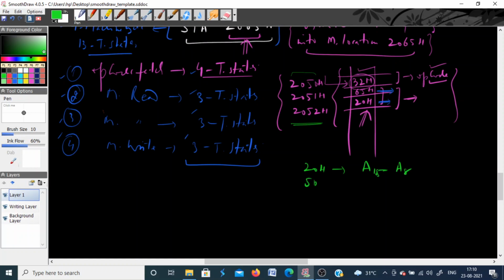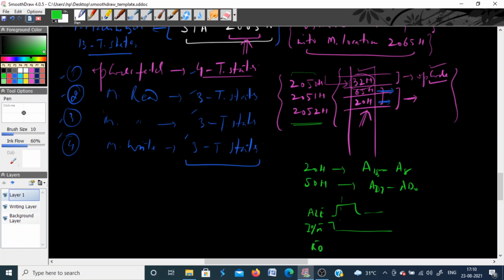The lower order address, that is 50H, will be placed on AD7 to AD0. In the first clock signal, your ALE will get activated. It will go from 0 to 1, and your address is latched. At the same time, your IO/memory status signal will be set to 0.